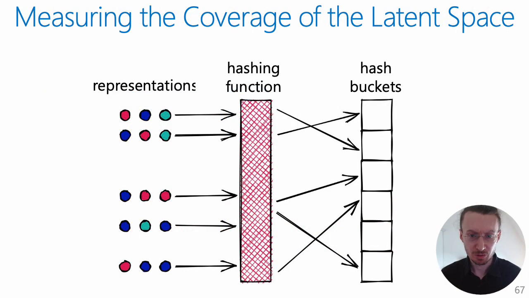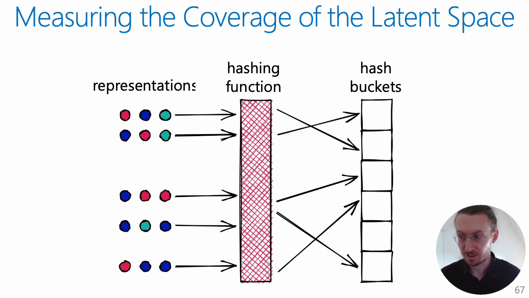How do we do it in more detail? To measure the coverage of the latent space, we use locality-sensitive hashing, abbreviated as LSH. LSH divides the latent space into hash buckets. First, we take the representations from the incoming queries and apply a hashing function to them.